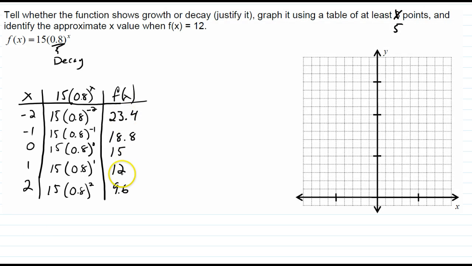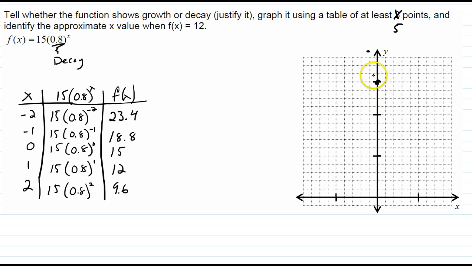All right, so I've completed the table, and now I'm going to graph it. At -2, my value is 23.4, which is going to be off my graph, so I'm not going to include it. Then at -1, it's 18.8. 18, that's right there, so I'll put that there. 15, 12.